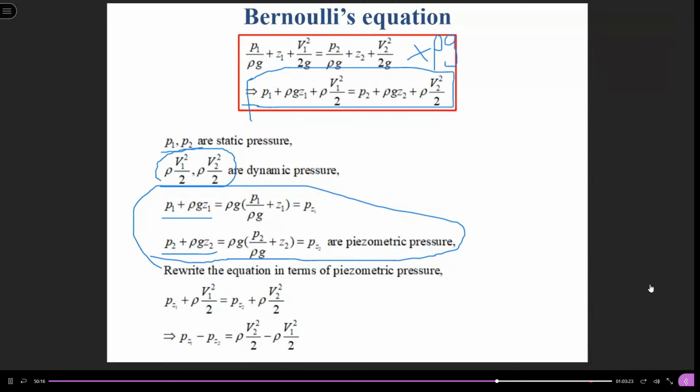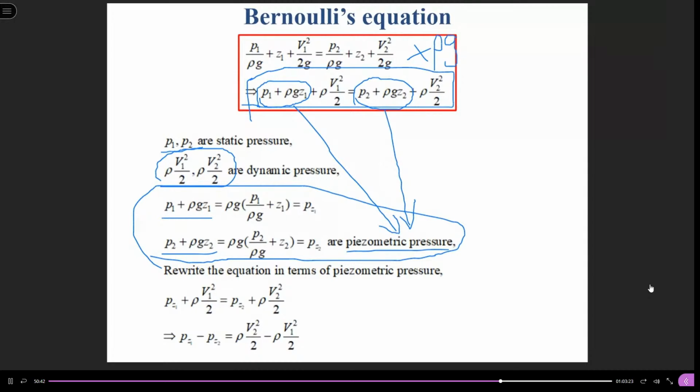And these two equations express the piezometric pressure.